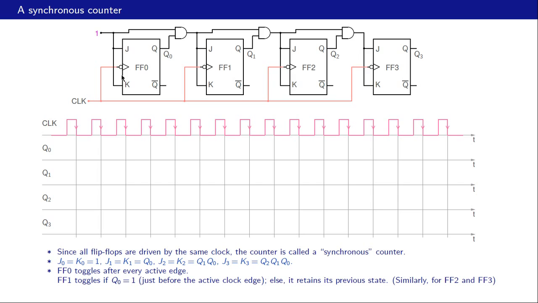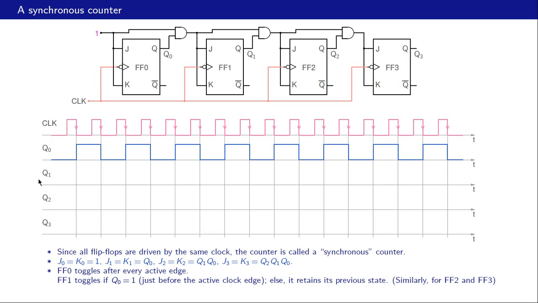Let us now start with the first flip-flop, that is FF0. For this one, we have J equal to K equal to 1, and therefore it is going to toggle every time there is an active edge. So if we start with Q0 equal to 0, it's going to toggle here, go to 1, toggle again, and so on. So that is what we have for Q0.